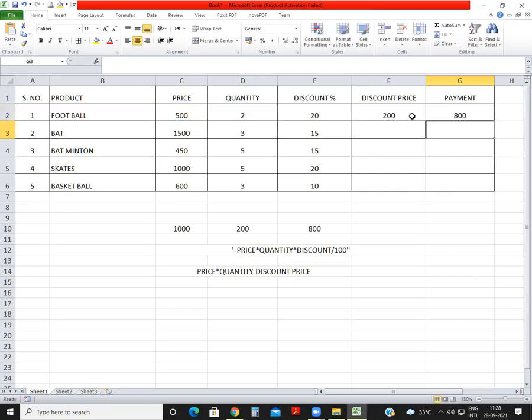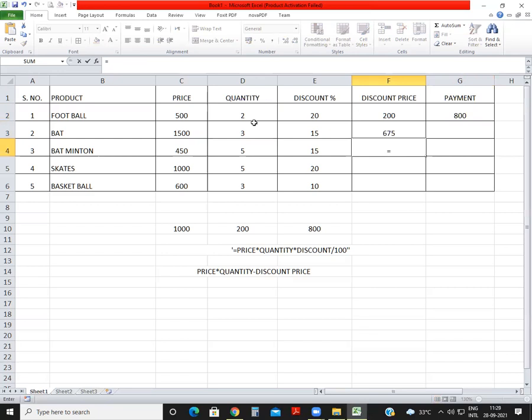We got the answer. Now I'm going to repeat again here the formula. Equal price multiply quantity, then multiply discount, then divide, then 100.